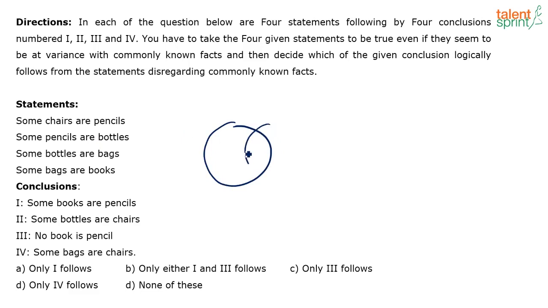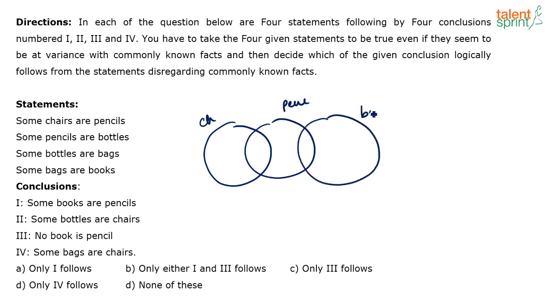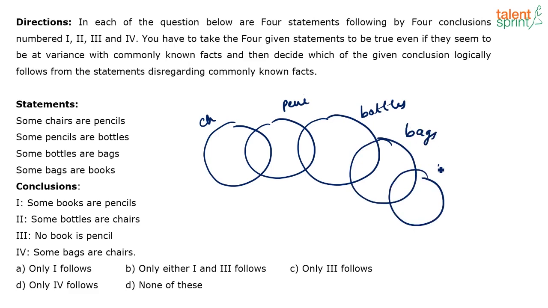Some chairs are pencils. Some pencils are bottles. Some bottles are bags. And some bags are books. Correct? So this is the given diagram.